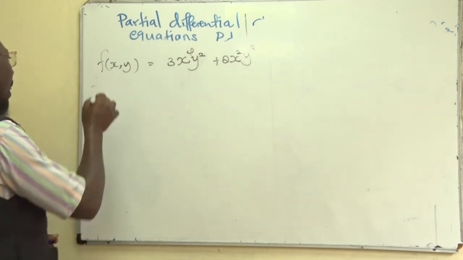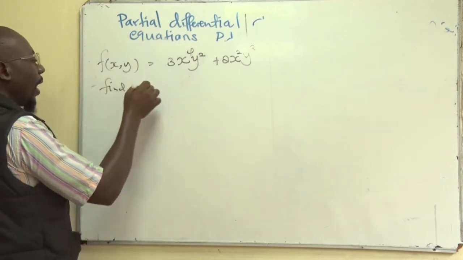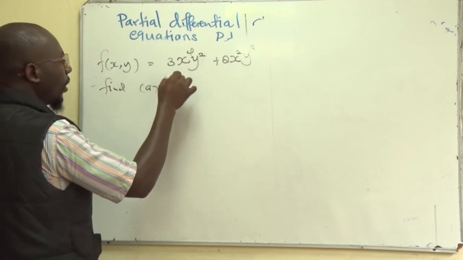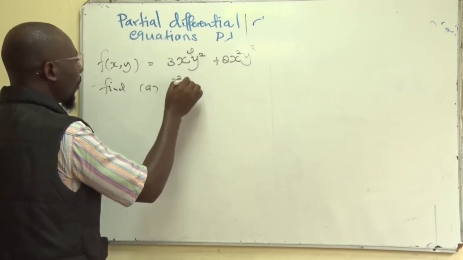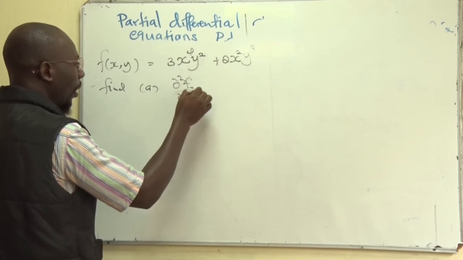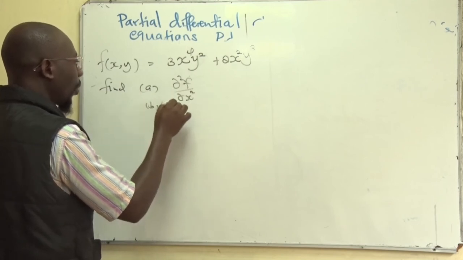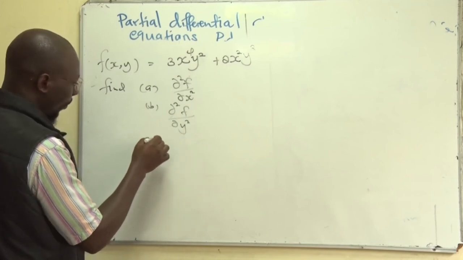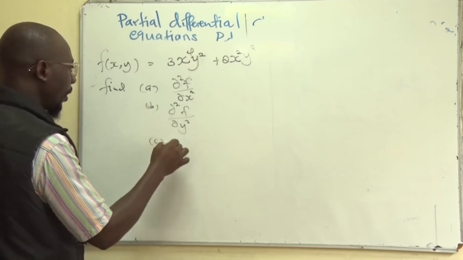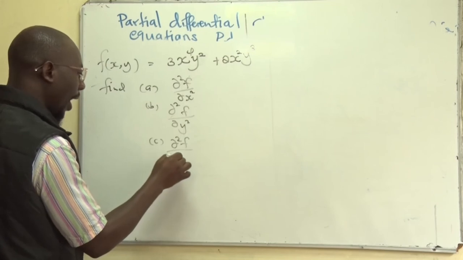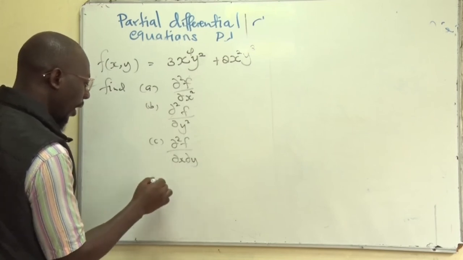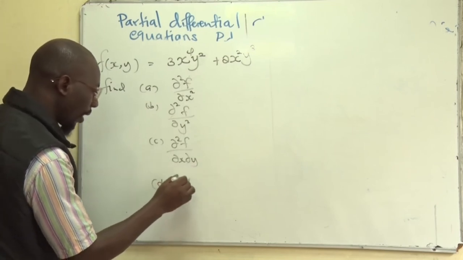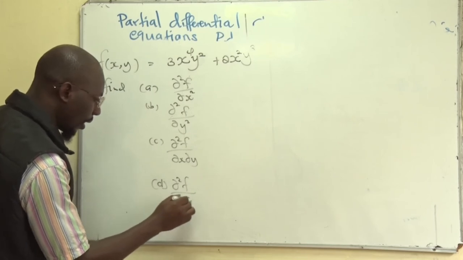Then we are told to find a) d squared f over dx squared, b) d squared f over dy squared, c) d squared f over dx dy, and d squared f over dy dx.